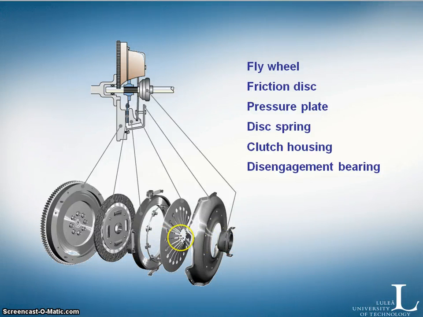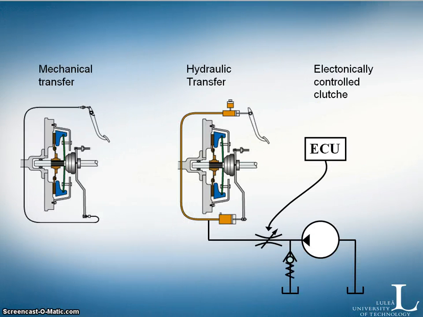Then you press this on the spring. It can normally be mechanically or hydraulically transferred. It can also be an electronically controlled clutch, like in different AWD systems or in automatic transmissions, where we also have clutches.